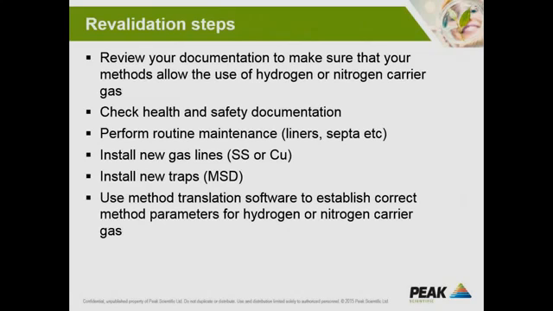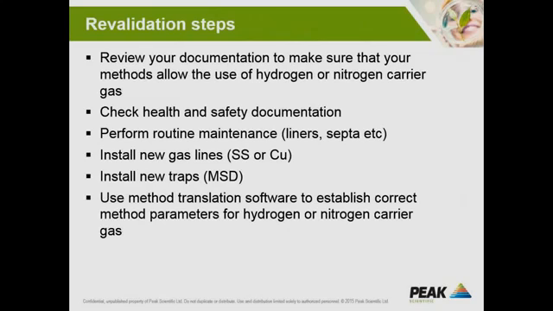And there are some method translation software programs available. There's one from Agilent which you can download from their website, and there's also a Restek method translation software which you can either download or use online. These are a good place to start if you want to explore using hydrogen or nitrogen carrier gas. What you can do is put in your GC method parameters, and you can find out what your method parameters would be using hydrogen or nitrogen.